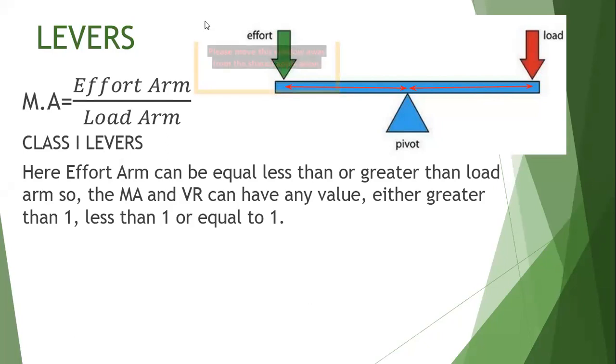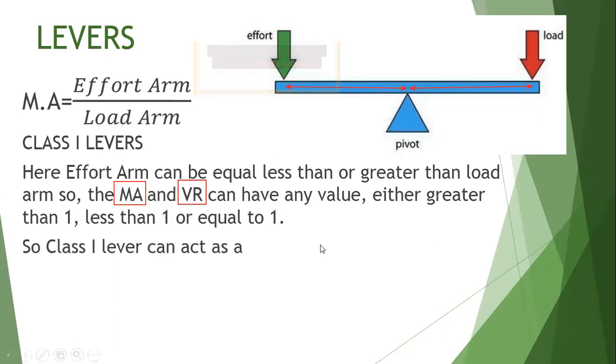You have to remember this very well, that the MA and the VR of a class 1 lever can be either greater than 1, less than 1, or equal to 1.